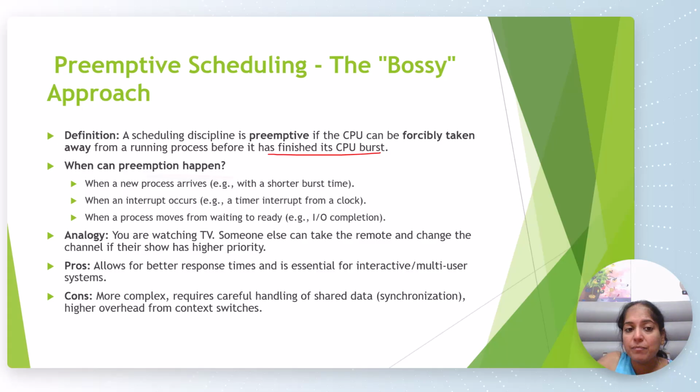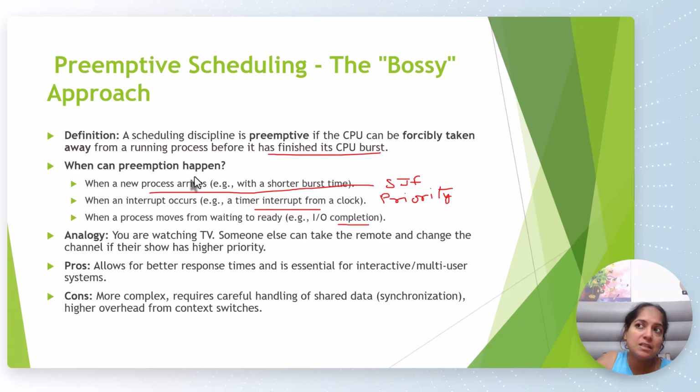When can it happen? When a new process arrives with a shorter burst time, like shortest job first. We'll talk about it. When an interrupt occurs, like a timer interrupt from the clock, or based on priority in a priority queue, or when a process moves from a waiting to a ready state, like input output completion.